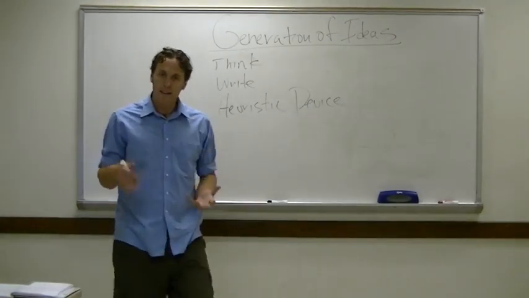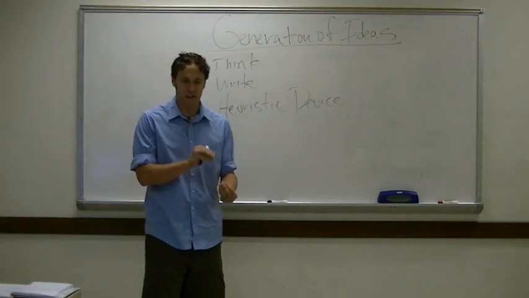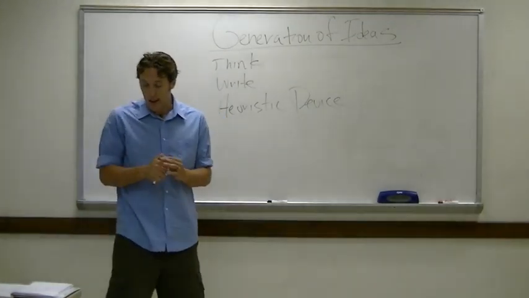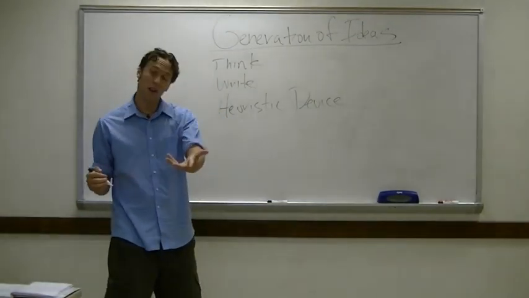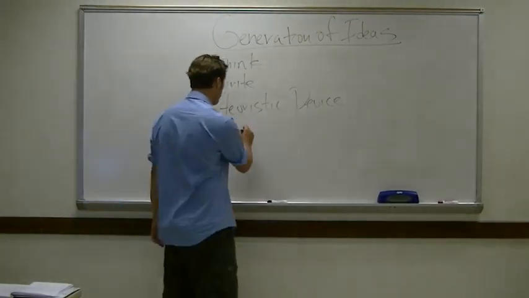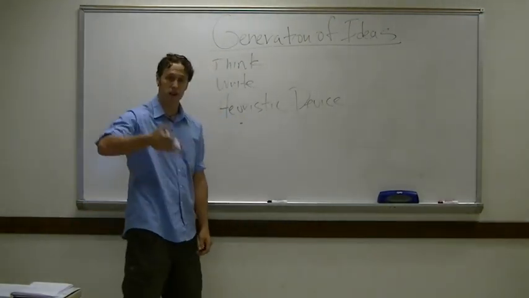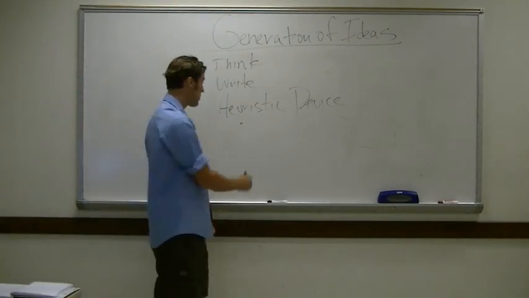So, let's get into some more specific heuristic devices for the purpose of training. We have already outlined a few heuristic devices. One of them was the distinction between cognitive, affective, and psychomotor learning.